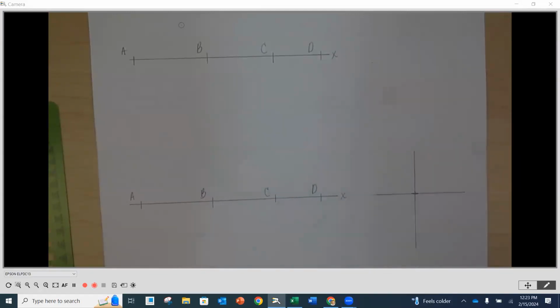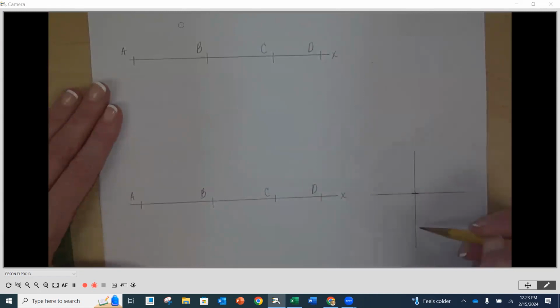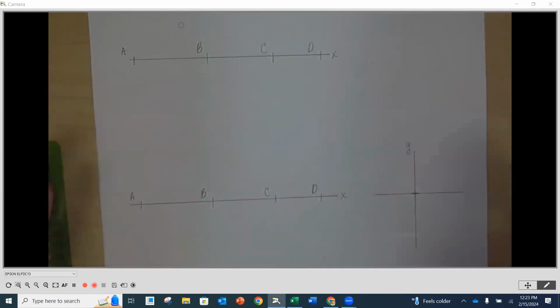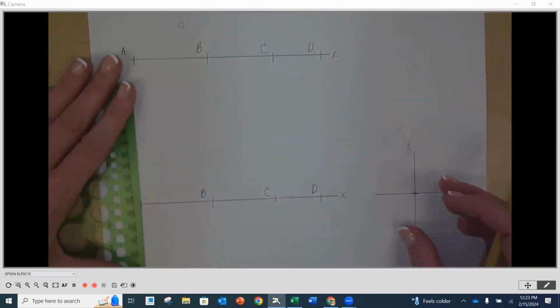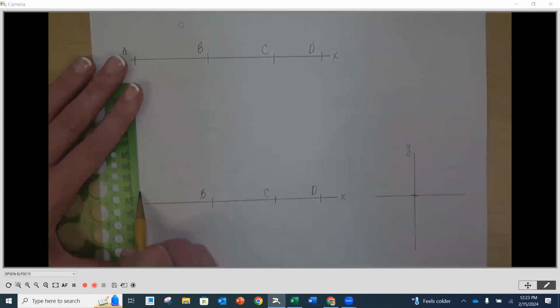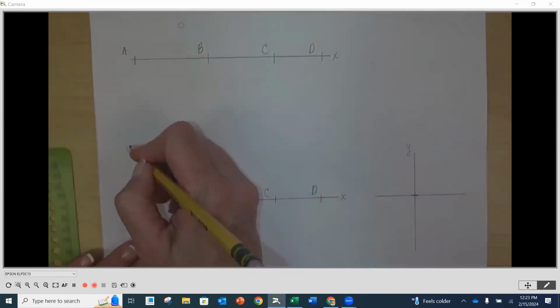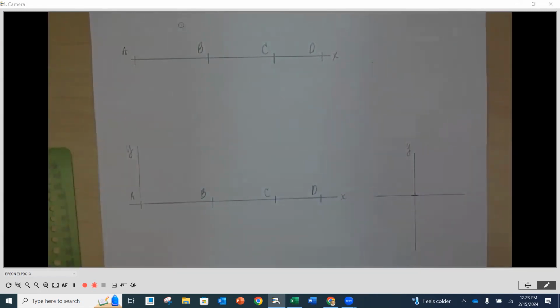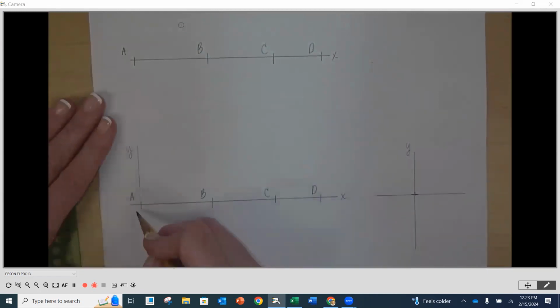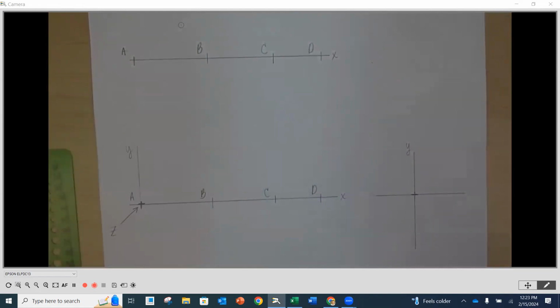Okay. Now my y-axis, as I look in this view, is going to be my vertical. And in my front view, it's also going to be vertical, right? And in my front view, that means that I'm looking down my z-axis as a point, and I just have it going down point A there.